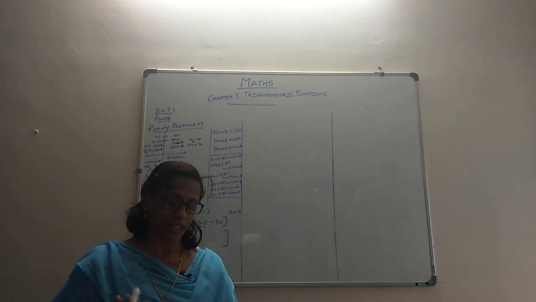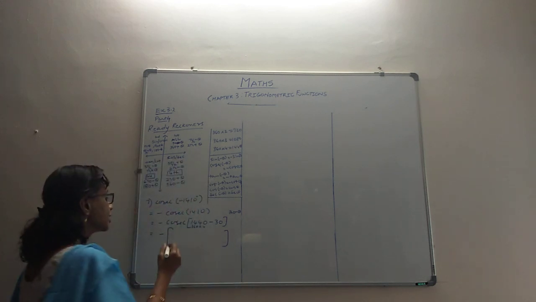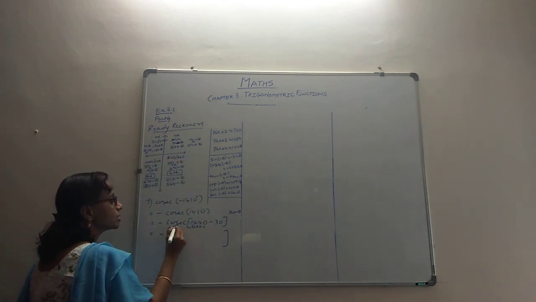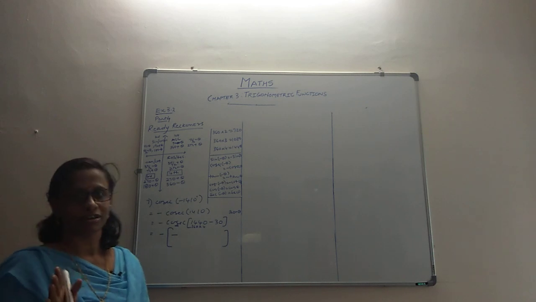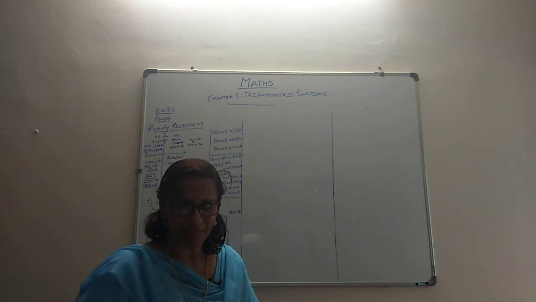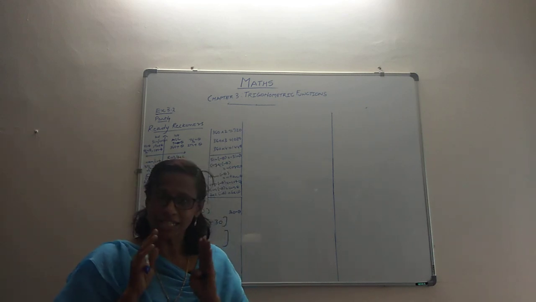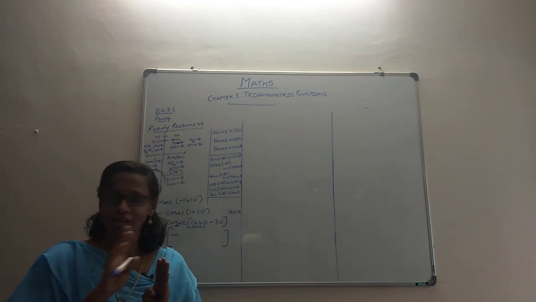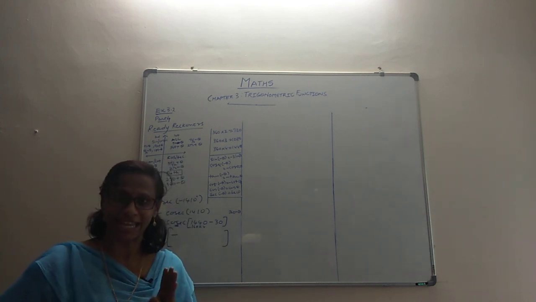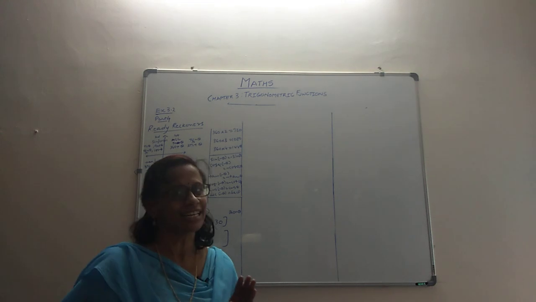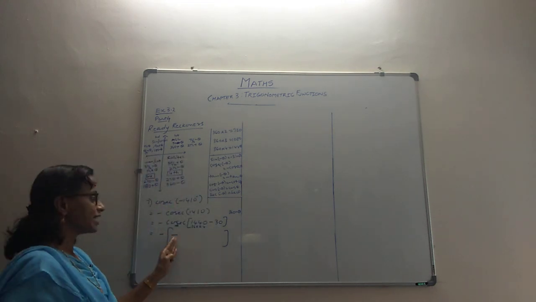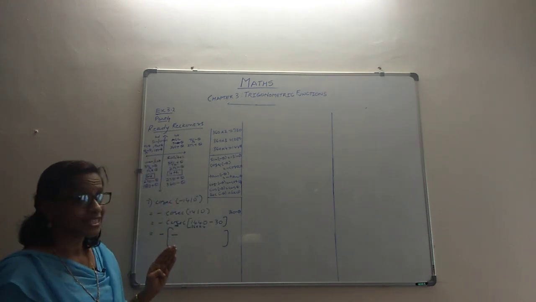Whatever that you convert, there is going to be a minus sign because this cosec is not in its quadrant. It is a guest in some other quadrant. Cosec's quadrant is 2. And it is not in 2, it is in 4. So it's a guest there. Because it's a guest there, it has to carry the negative sign. So let's have the negative sign. Then we will go for the simplification.